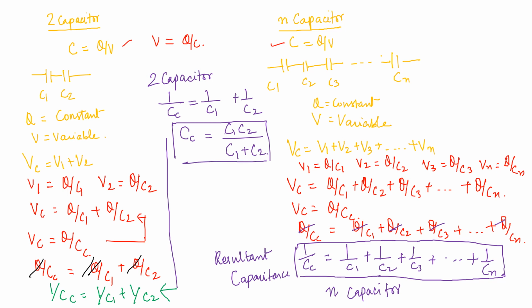Now I will go with one example here in this right hand corner. See, we have C1 equals 4 microfarad and C2 equals 10 microfarad. Now these are connected in series. Find the combination of these two. So what is the formula for this?